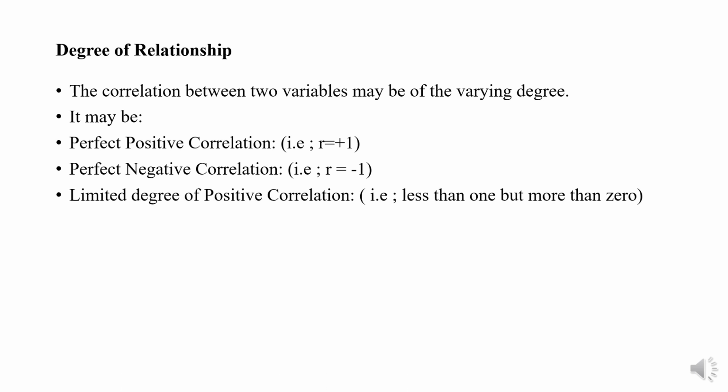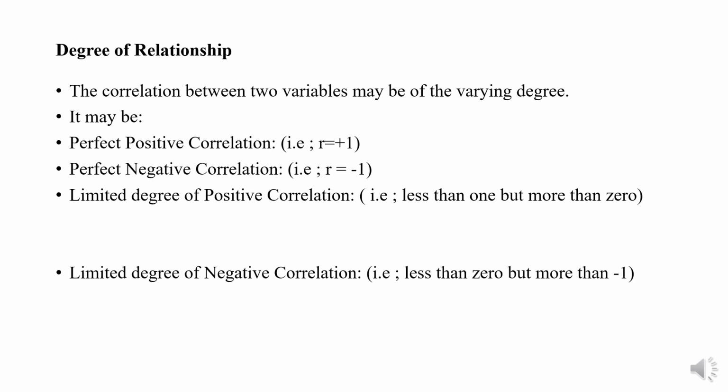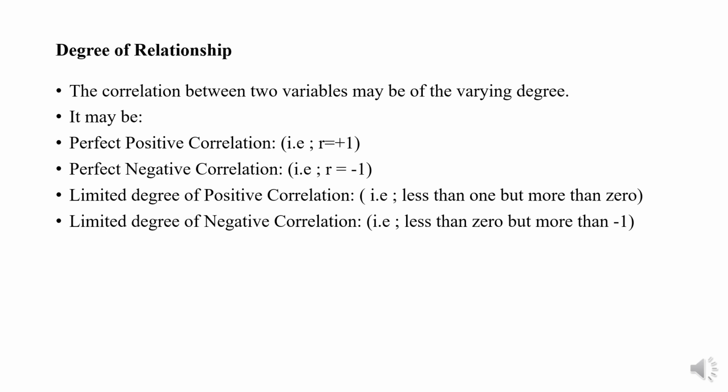A limited degree of positive correlation is, for example, less than 1 but more than 0. A limited degree of negative correlation is, for example, less than 0 but more than minus 1. And no correlation means R equals 0, or zero correlation.